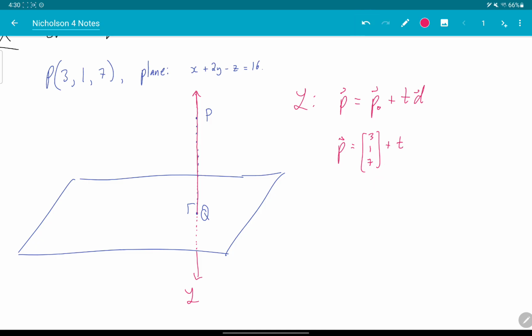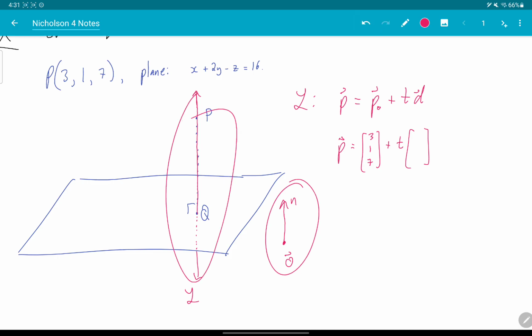So T, now I need T times direction vector. Here's the key point. I need something that's parallel to the line. But if I think about the normal vector for the plane, if this is the origin down here, here's my normal vector. Maybe it goes down, but whatever, it doesn't matter. The point is that this normal vector is parallel to this line.